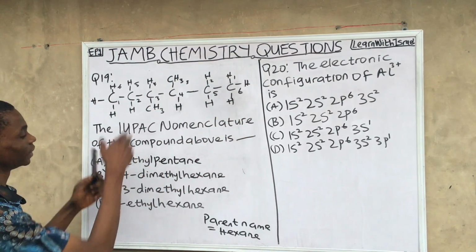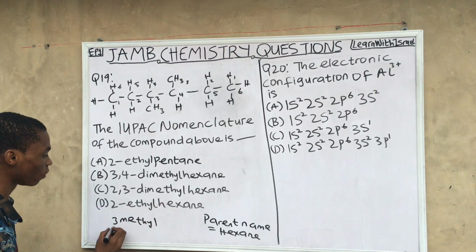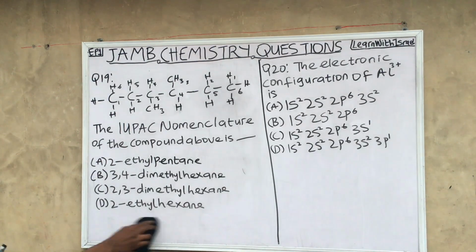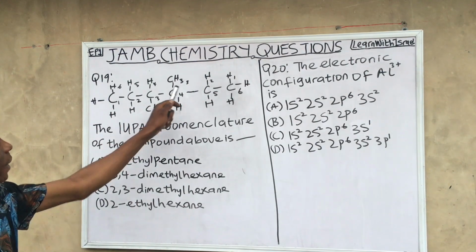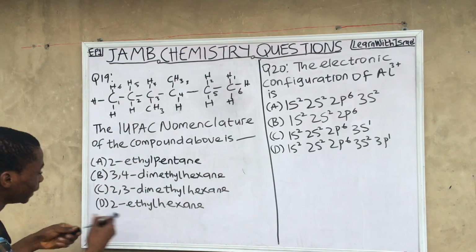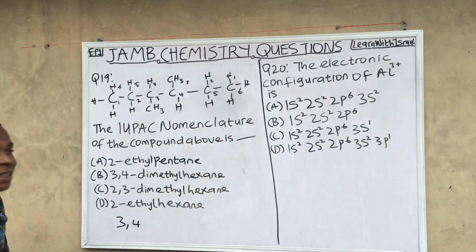So we now have 3-methyl, 4-methyl. This is how it is written. We already know that our parent name is hexane. 3-methyl, 4-methyl is not in the options, so we write it like this: 3,4, and two methyls means dimethyl.